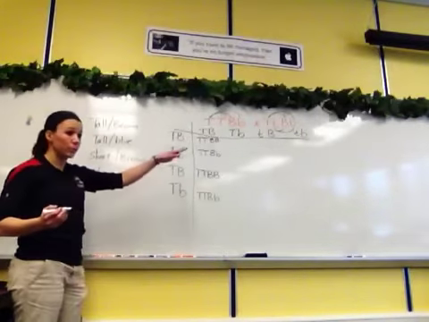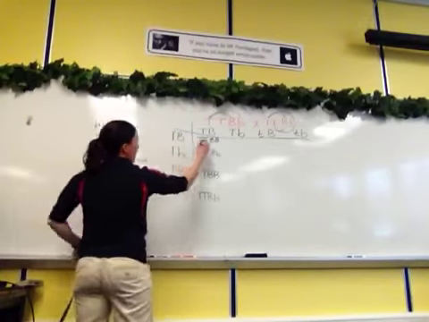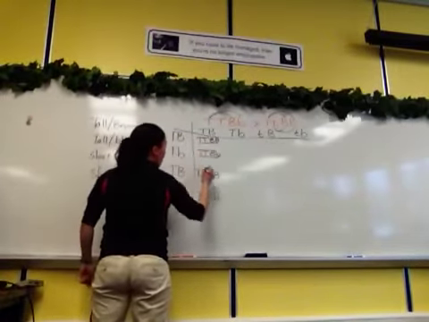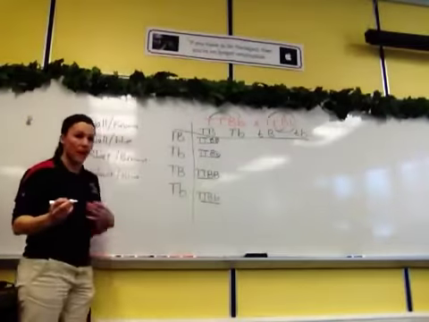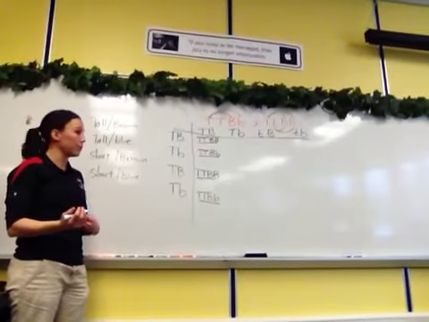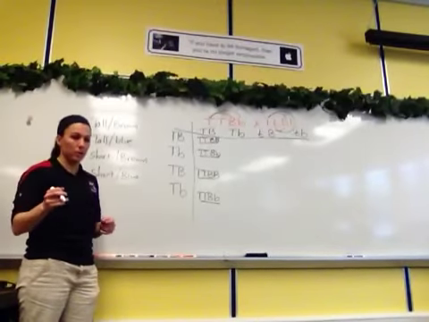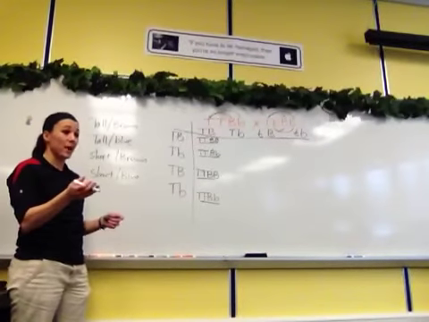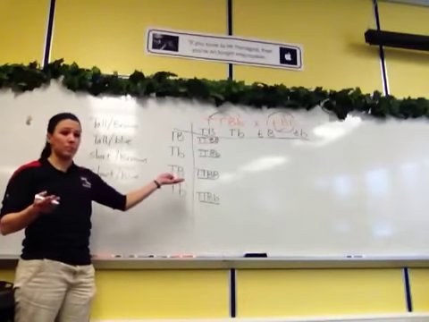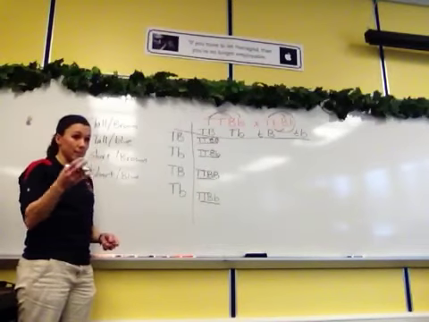So you literally go through and you count how many end up being like tall and brown. This one's tall and brown, that one, that one. So far, all of them that I've written down are tall and brown. And what I try to do when I go through is I mark them in a unique way so that I can go back and check my work. But your numbers when you do ratios should always add up to the number of boxes that you have. So in a basic Punnett square, you should always add up to 4.